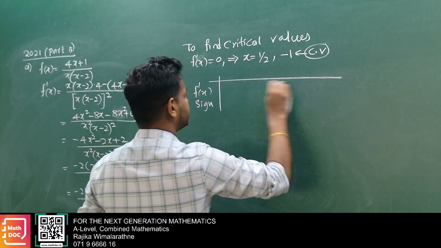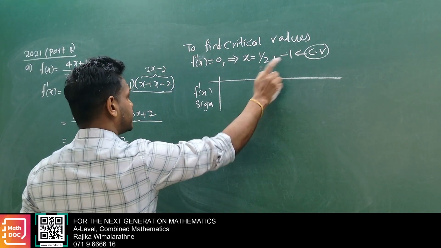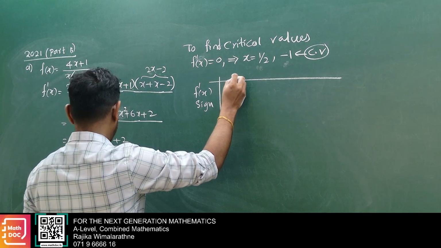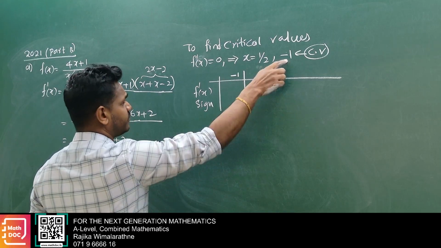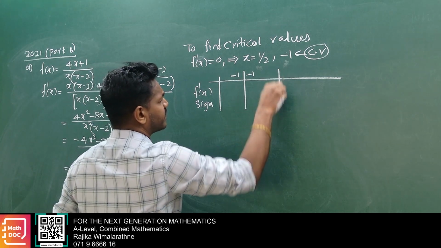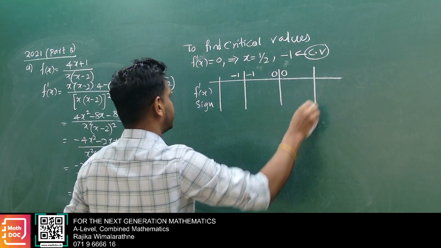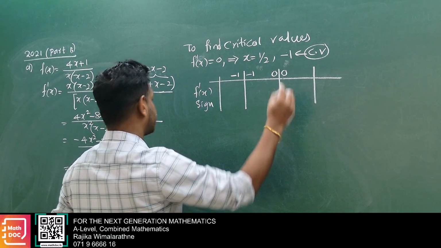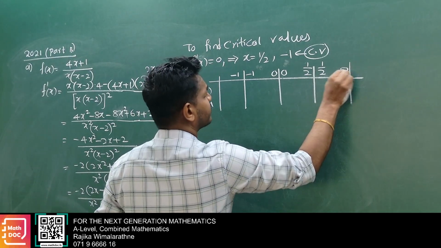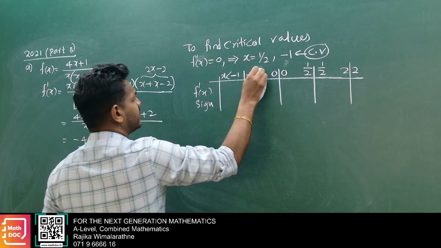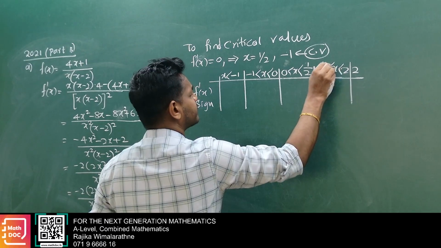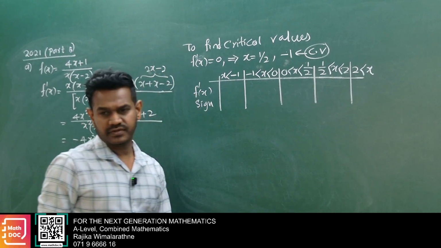To find increasing and decreasing regions, you have to think about critical values and denominator zeros. So critical value minus 1, then 0, then half, then 2. Then find the sign of dy over dx.